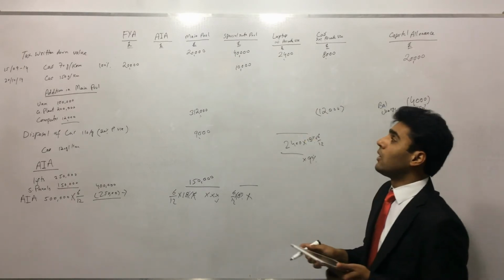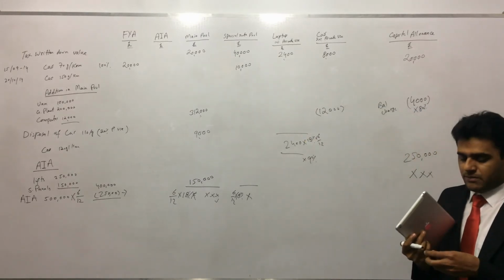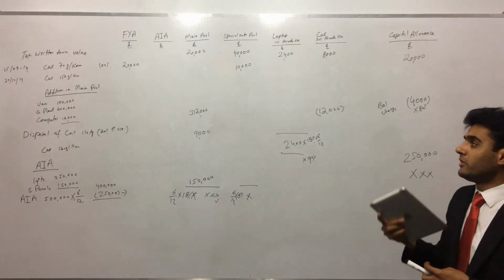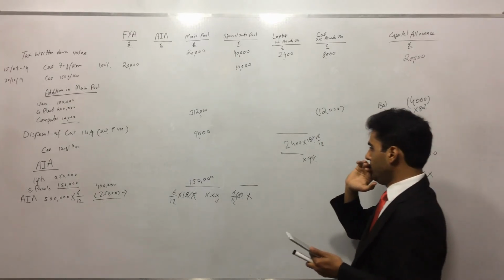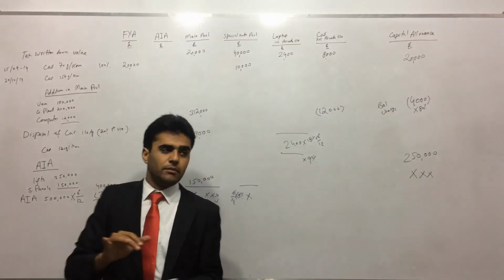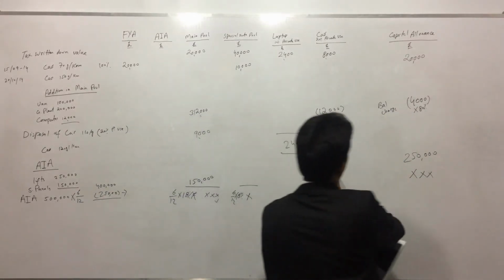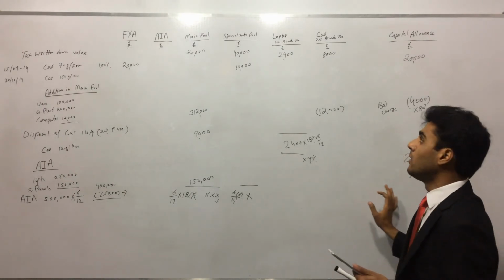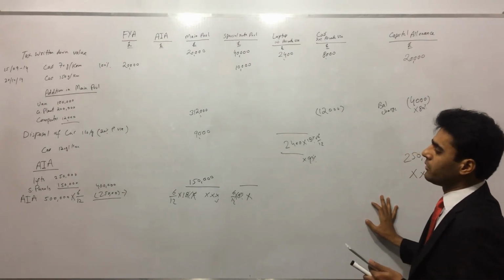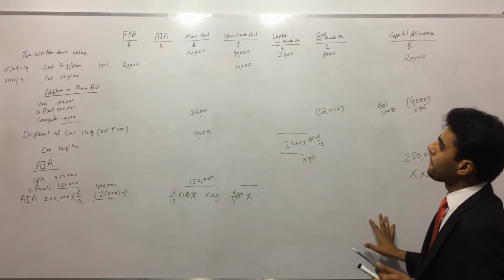Why 90%? Because 10% is the private use. So when there is a private use, we only take the business use, and only 90% of this will go into the capital allowances. So 100% will not go, only the 90%.